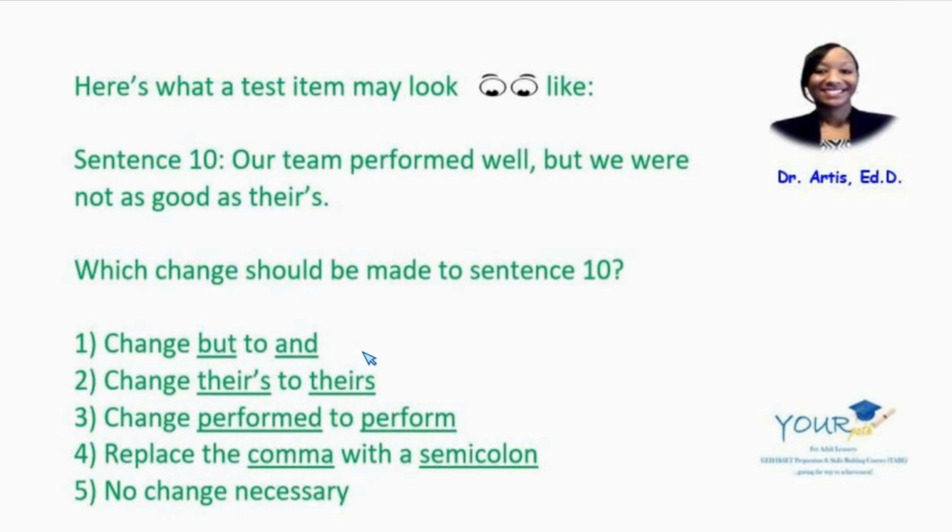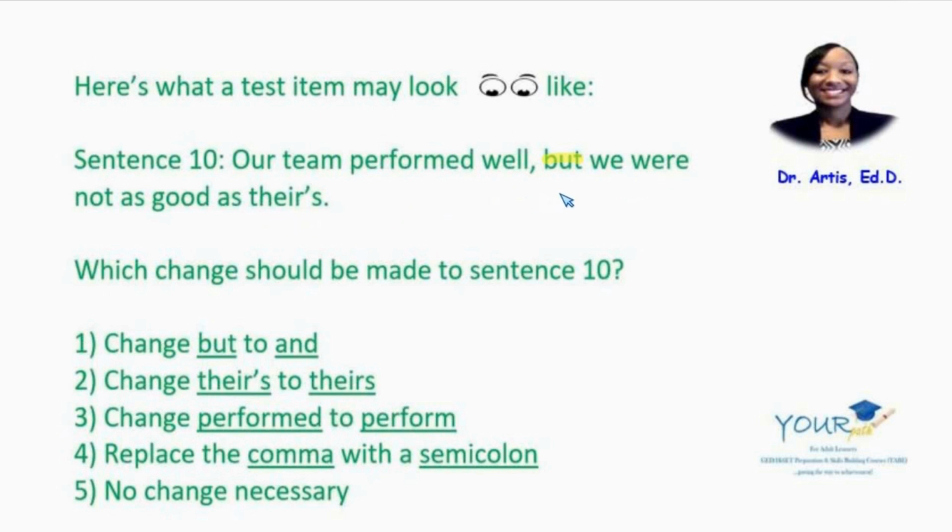When we look at option number 1, we have change but to and. And when we look at our sentence here, we have the conjunction but. And this conjunction is actually separating 2 independent clauses. On one hand, we have our team performed well, but on the other hand, we have we were not as good as theirs.